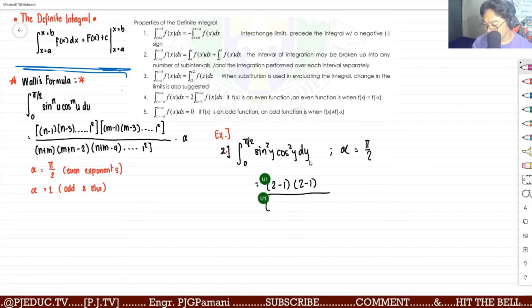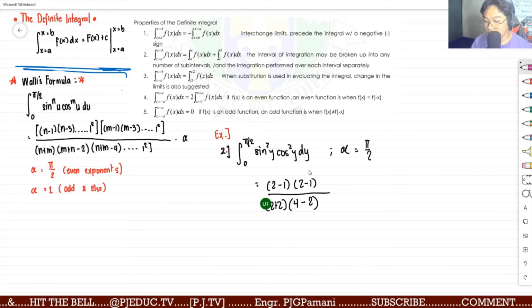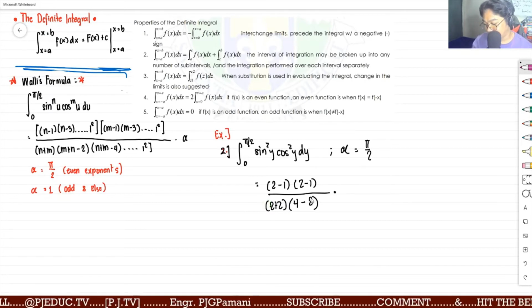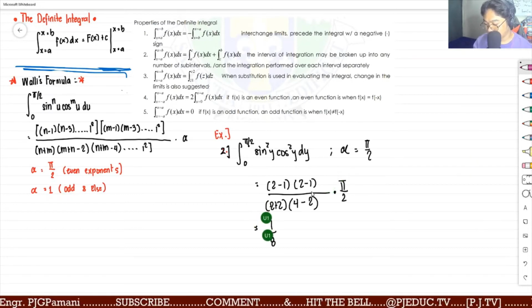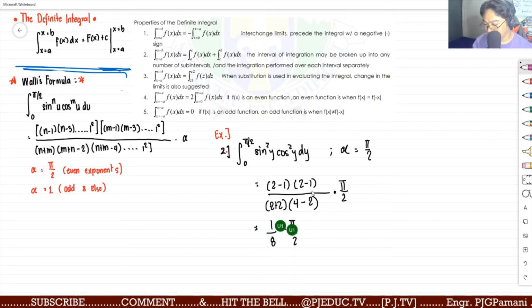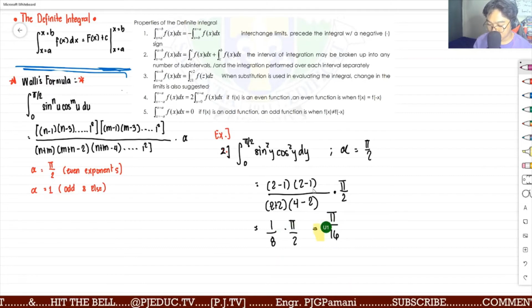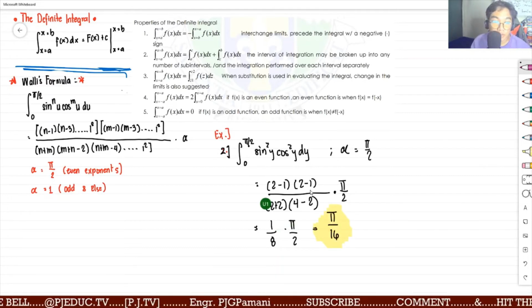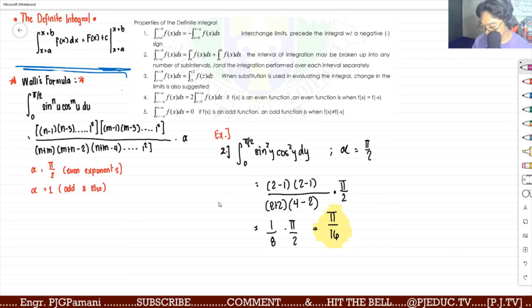Then, denominator ay sa baba is, ang tawag na dito, 2 plus 2, 4 minus 2, and hindi na pwede yung 4 minus 4. Then, 1 over 8 times pi over 2, which is now equal to pi over 16. So, yan na yung ating final answer for this problem.